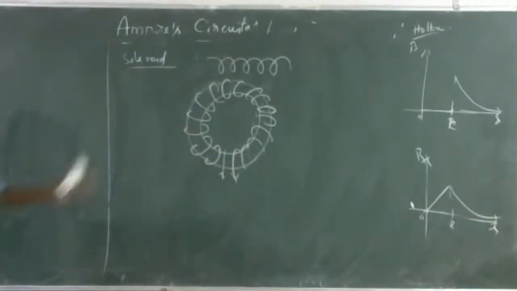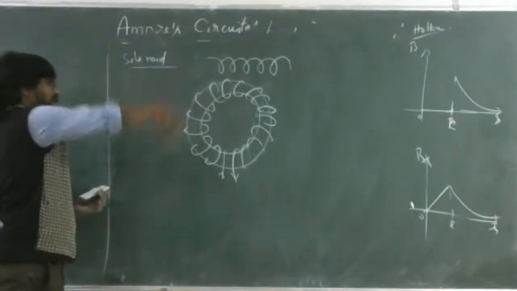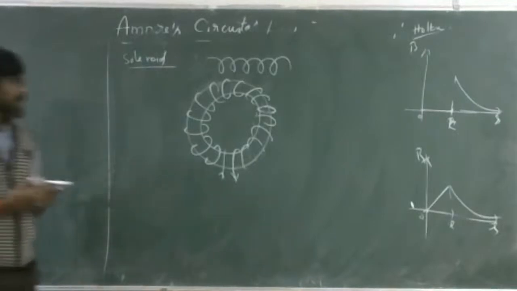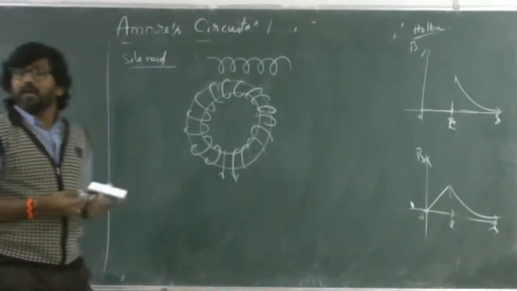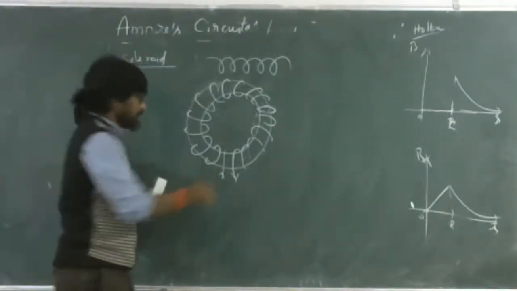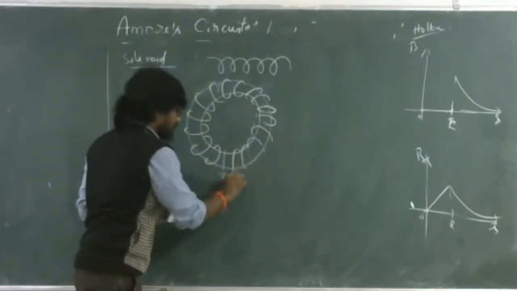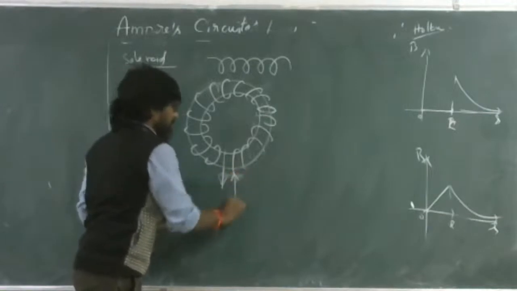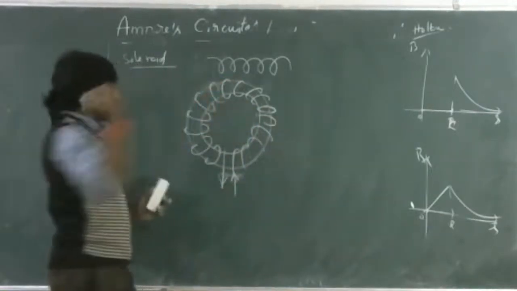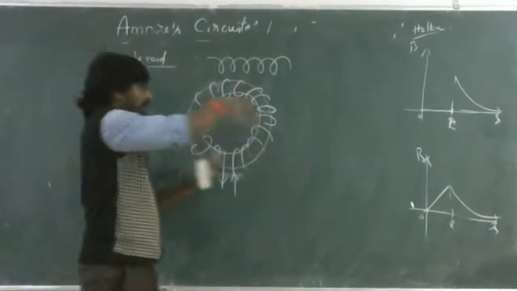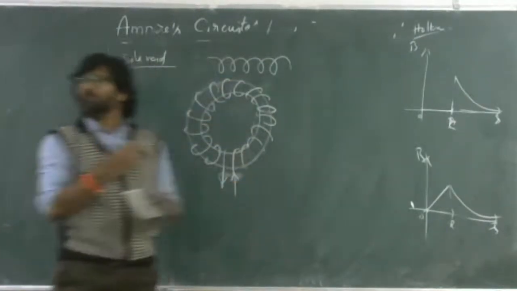When current I is flowing, it goes in, it comes out, in and out, for every turn.